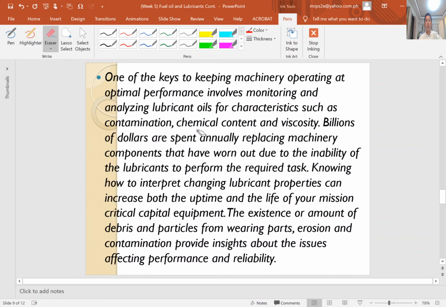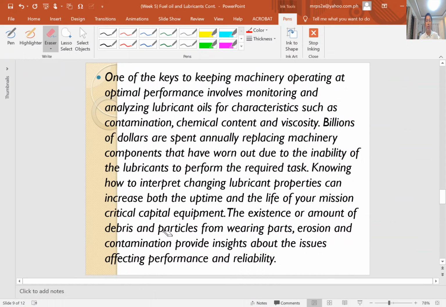If contaminated by chemical, the viscosity is not normal. Billions of dollars are spent annually replacing machinery components that have worn out due to inability of lubricants to perform the required tasks.